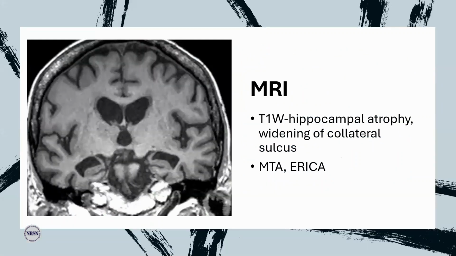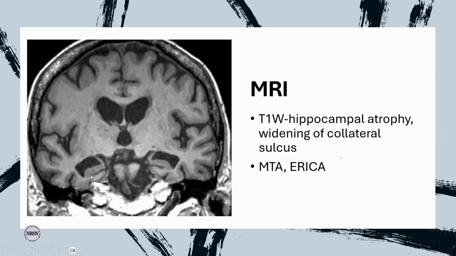Now, this is a coronal magnetic resonance image, T1 weighted image of the brain. We can appreciate the marked reduction in the size of the hippocampus here bilaterally. So this is the portion of the hippocampus.